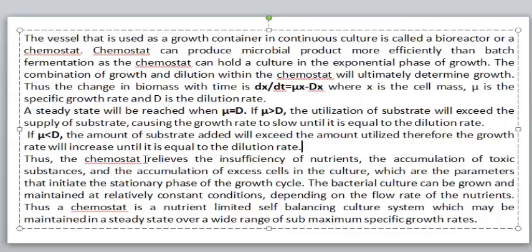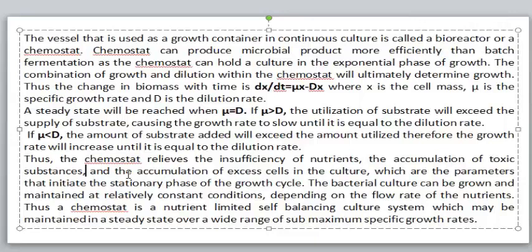Chemostat is the bioreactor in which we do continuous culture. So, accumulation of toxic substance thereafter.